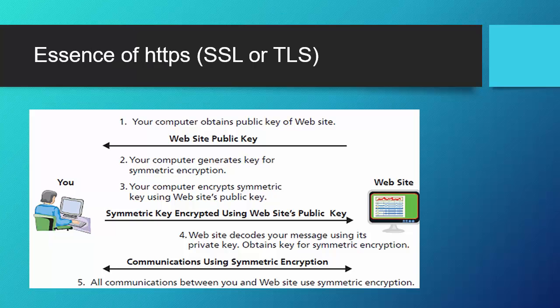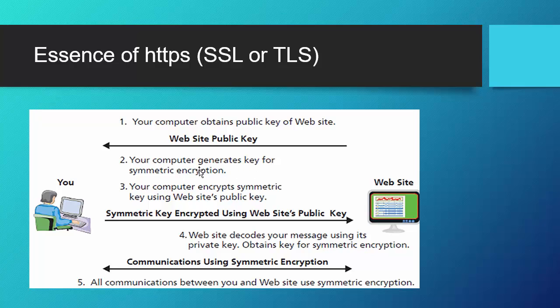So here's an example of how that might work on the web using secure HTTP. So it has this protocol HTTPS. You see a little lock sign, and so initially your computer obtains the public key off of a website that gets sent to you. You probably don't even realize it.